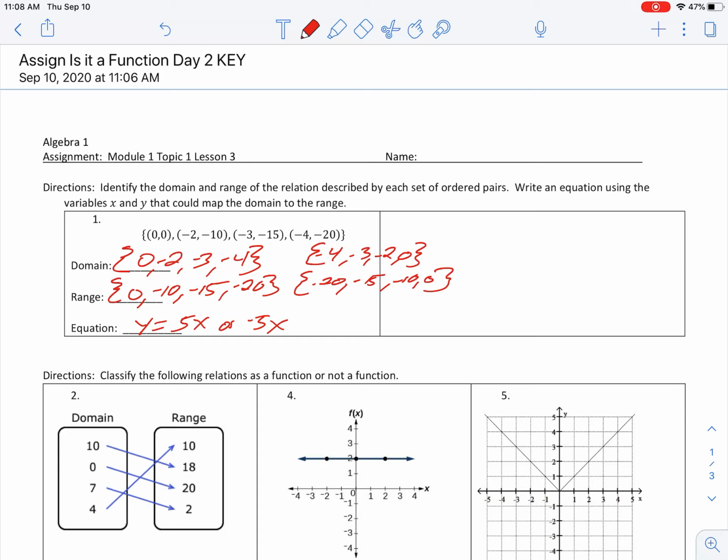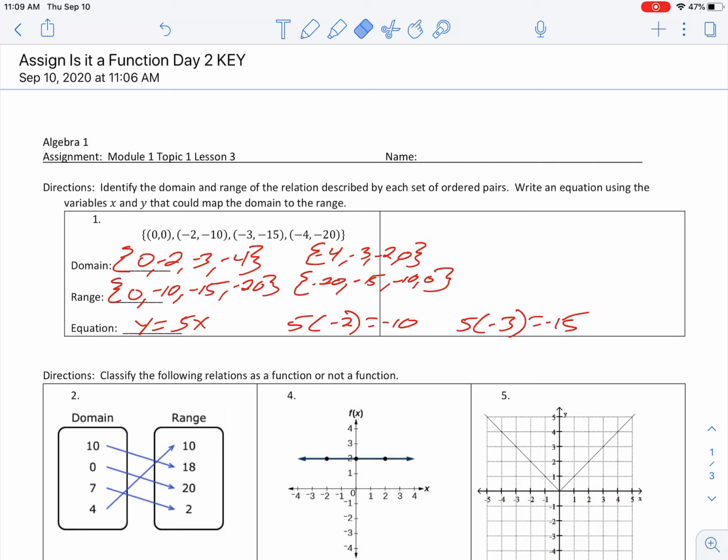And -5 times -3 is 15, and that's still not what we have. So when I check that out, it does mean that it's a +5, because 5 times -2 checks out. 5 times -3 checks out. And the other one checks out as well. So as long as it checks out for all of those, you're good to go.